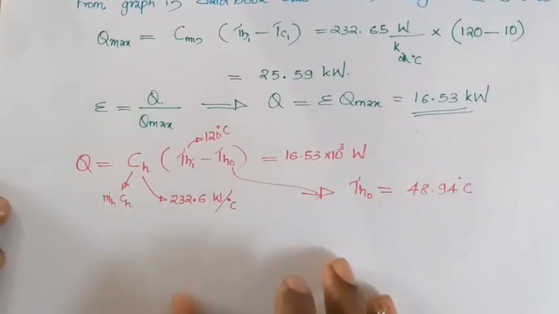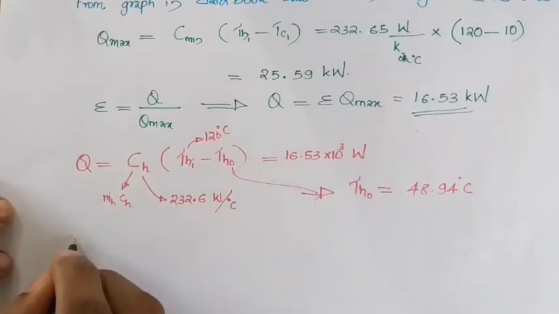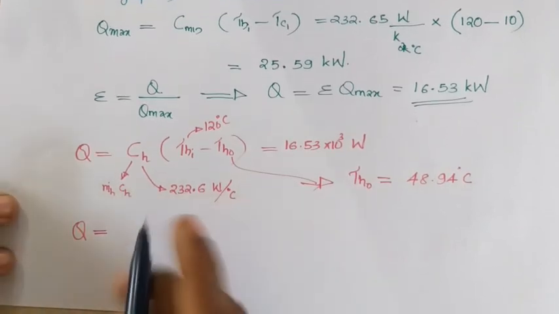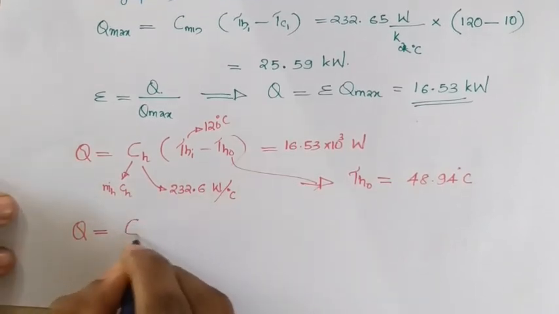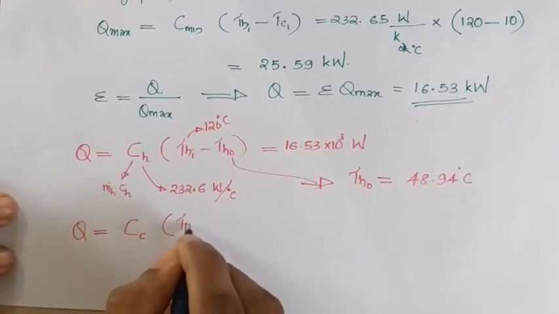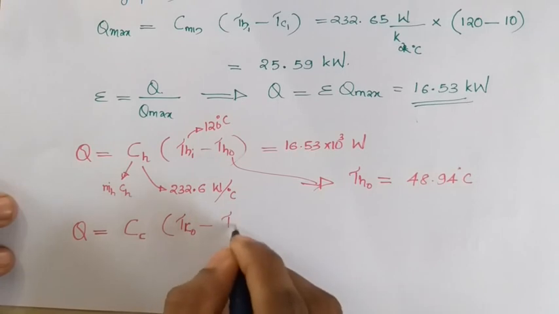Similarly, you can find the temperature at which the cold fluid is leaving. The actual heat transfer, with reference to the cold fluid, will be equal to the heat capacity rate of the cold fluid into the change in temperature of cold, which is TCO minus TCI.